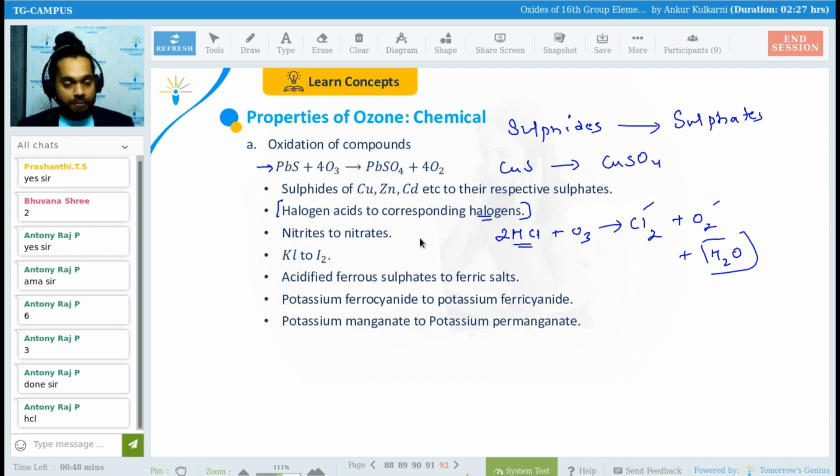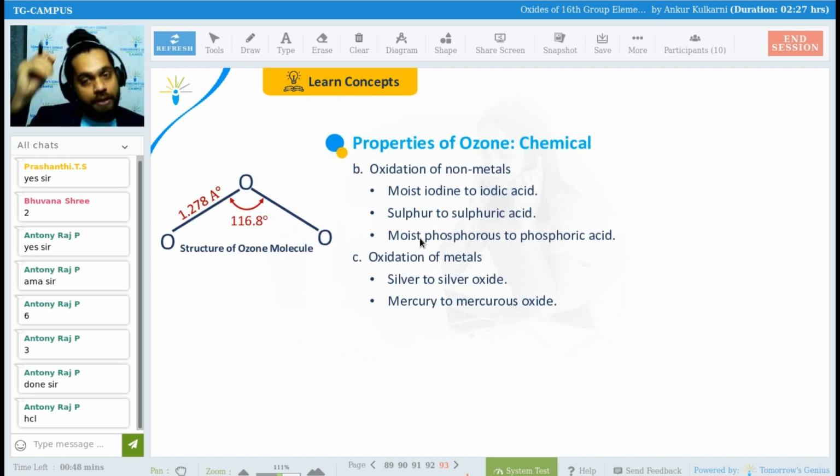Are you getting it, Prashanti? Okay. Similarly, KI gives I2. So it is oxidizing everything. Ozone, again, is acting as an oxidizing agent. It will oxidize non-metals. It will oxidize metals.